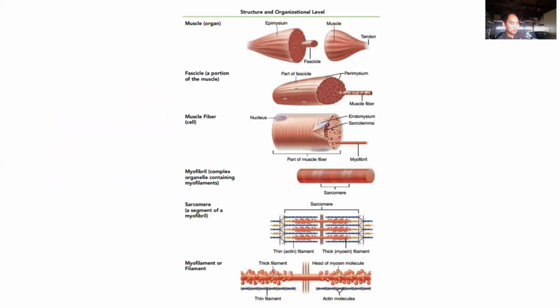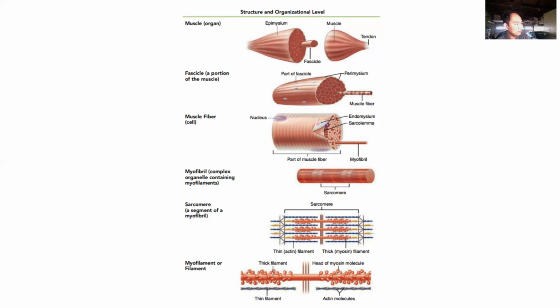So let's look at the picture. Now we can see the sarcomere. Let's start from the sarcomere. If we arrange sarcomeres in a linear fashion, one sarcomere here, another sarcomere here, another here, you are going to call this structure a myofibril.